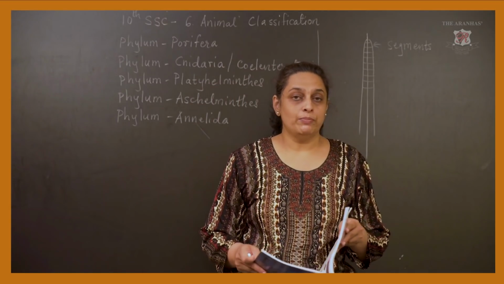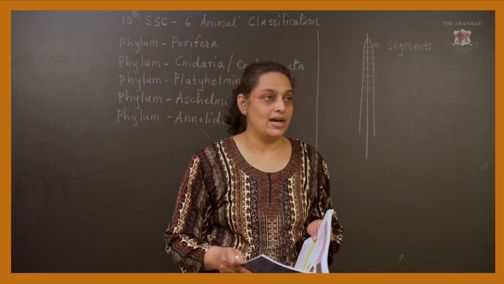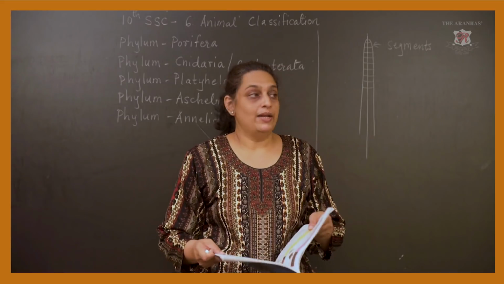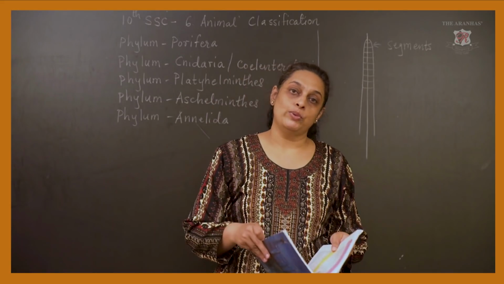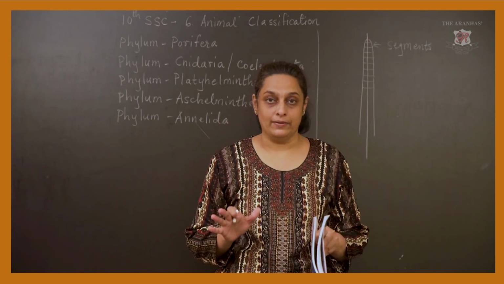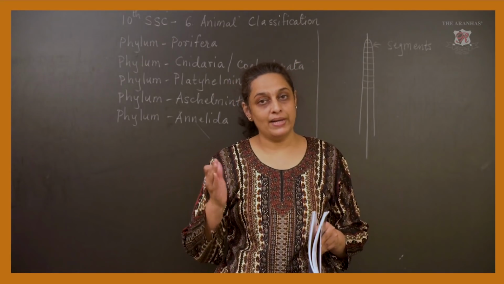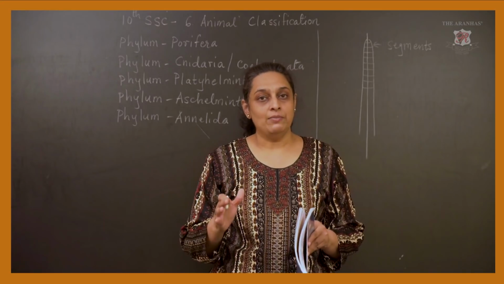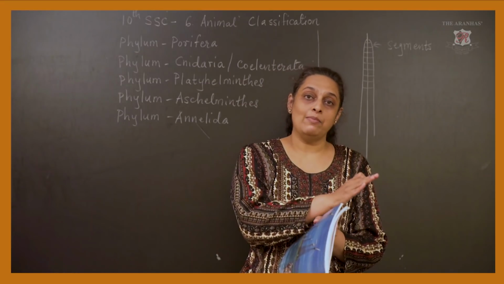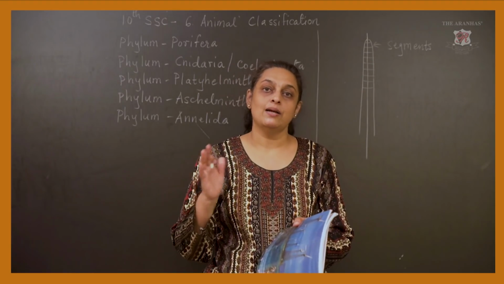For locomotion purpose, they have various locomotory organs such as setae, parapodia, suckers, etc. And again you will find variety, whether animals are unisexual or bisexual. Here, one animal has both male and female reproductive organs inside its body. Or you will find male animal separate and female animal separate. So, both the situations are possible.